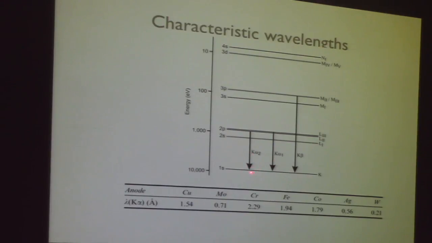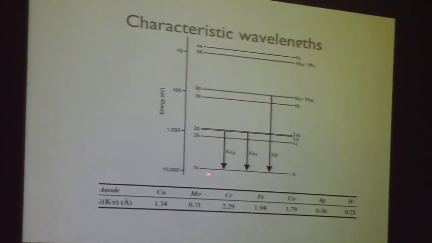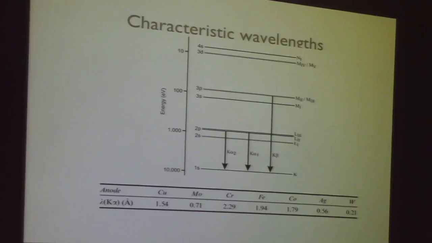So we have K alpha 2, which is coming from the 2p to 1s transition, K alpha 1, which is also coming from the 2p to 1s transition, but these are two different p states. And there's a K beta, which is coming from the 3p to the 1s. You can see there are no arrows going from 2s to 1s and 3s to 1s, and that's because of selection rules.